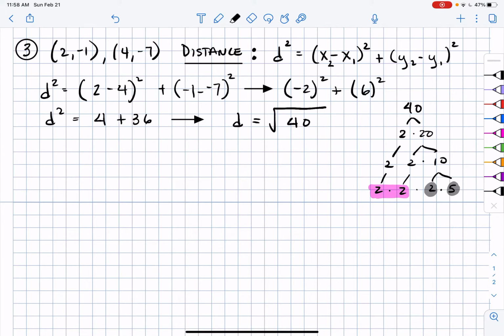So my d is equal to my pair of 2s that came out, and then inside the house is that 2 times 5, which is 10, because they don't have a pair. So that would be my answer, and that is going to be choice A.